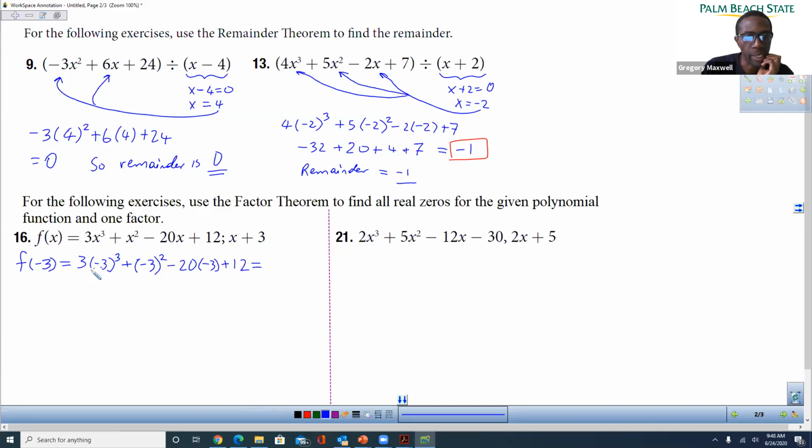Working that out, you get -81 plus 9 plus 60 plus 12. 9 plus 60 is 69 plus 12 is 81. And so this gives me 0. Good. And then we're going to divide f of x by x plus 3 using synthetic division.